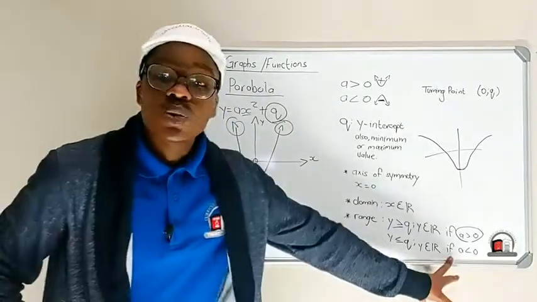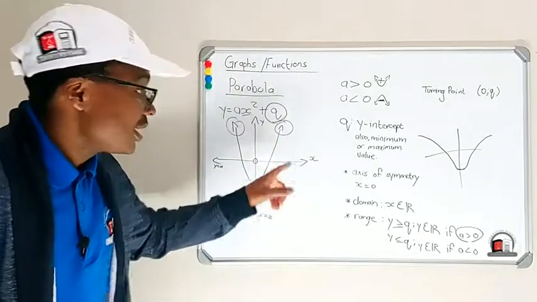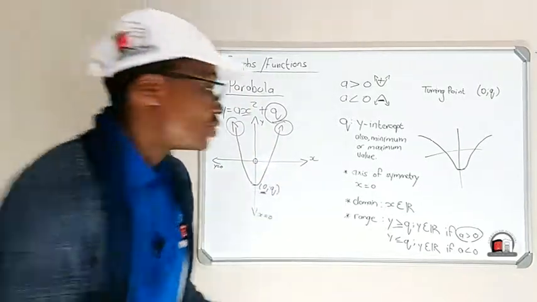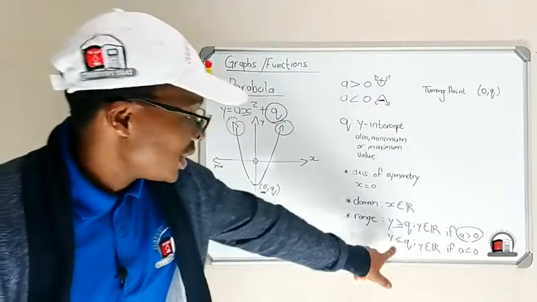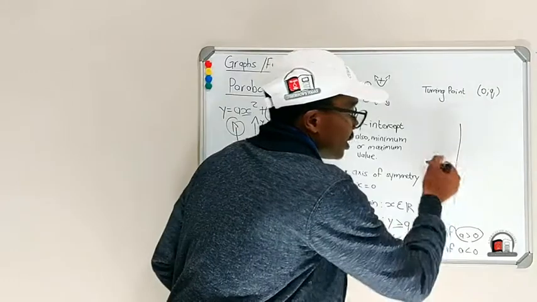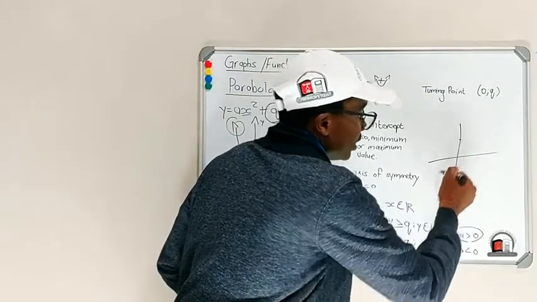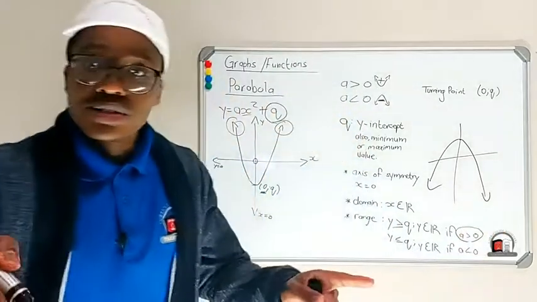So this one here is not for this drawing here. I'm going to show you what the drawing for that one is. The drawing for this one here, if they ask you for the range, is this here. Let's call that there. It'll turn there. You see that there?